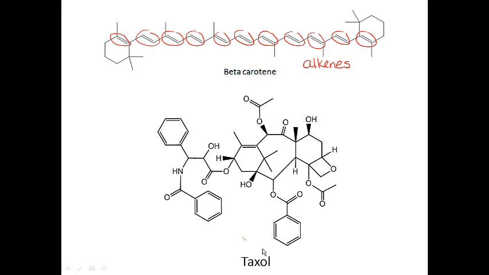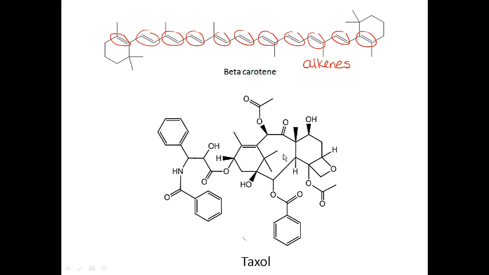Well, Taxol came from the bark of the California yew tree, which is just a scrubby little tree that grows in Oregon, not California. And so they found that bark extract had anti-tumor activity, and when they went through and separated everything, they found that Taxol was the compound that was actually responsible for the anti-tumor activity.